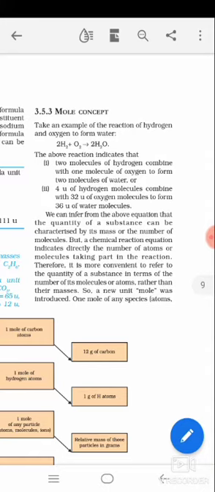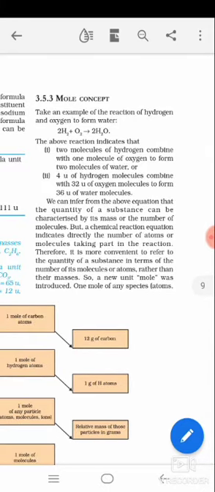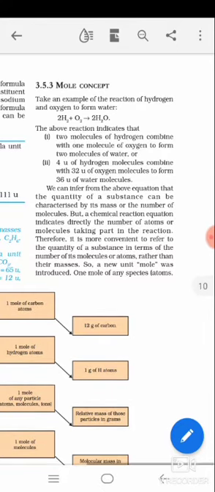exercises. Now from this reaction we can infer that the quantity of a substance can be characterized by its mass or the number of molecules. Am I right?